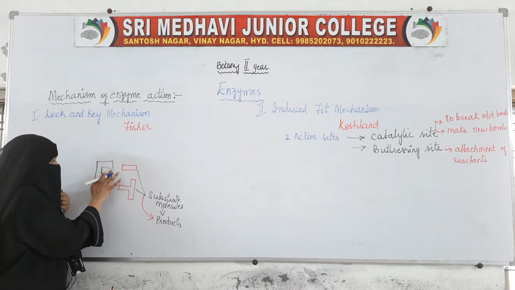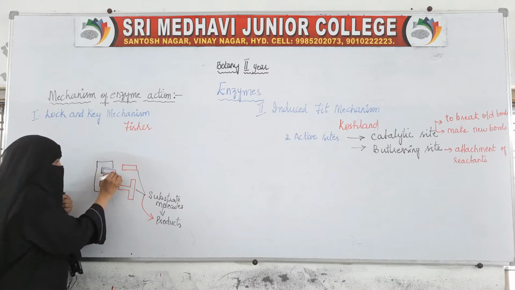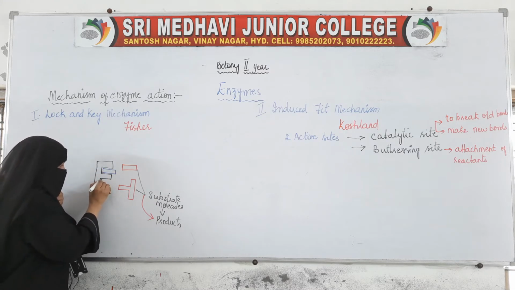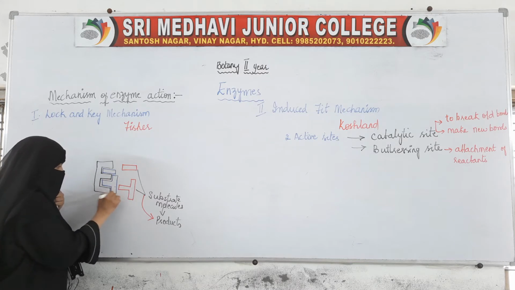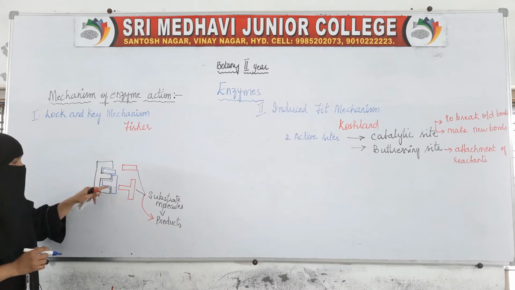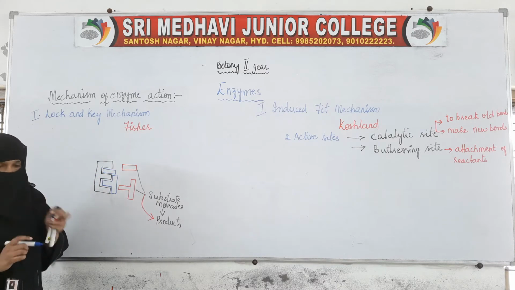So here this is the enzyme with active sites, and the substrates come and bind here. Two active sites are there, so the substrates are coming and binding on the sites.